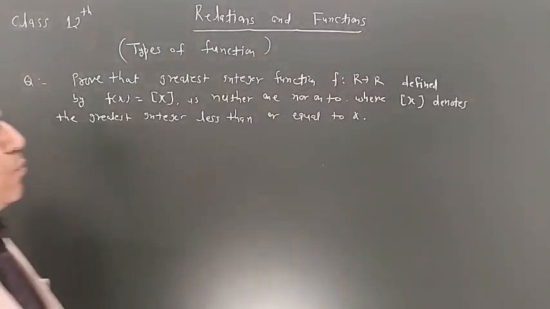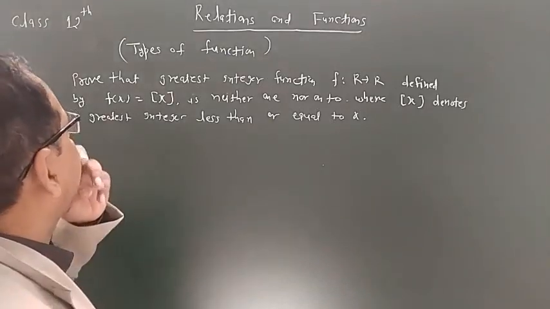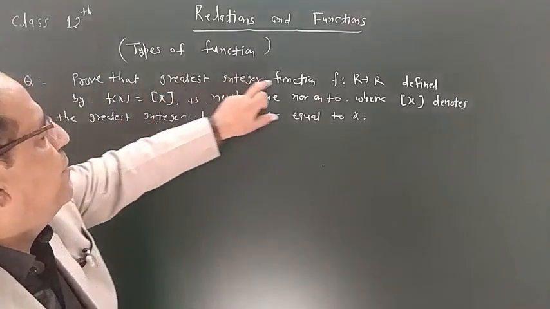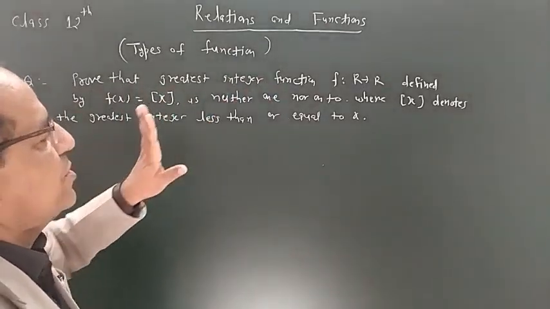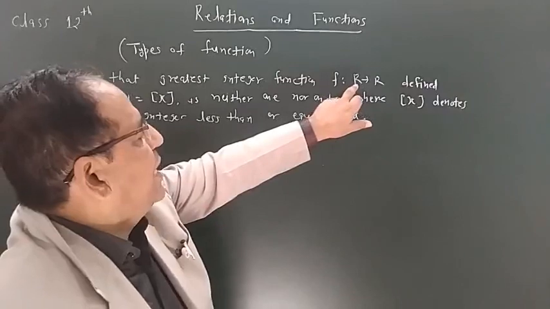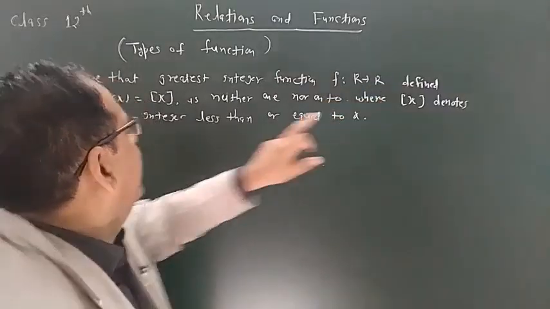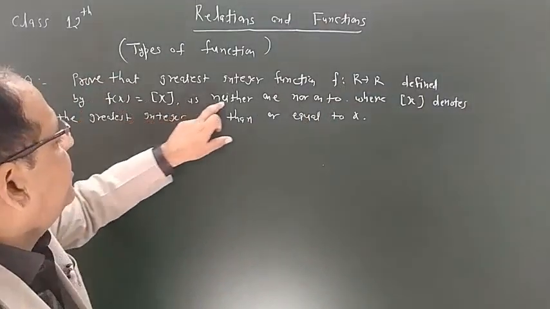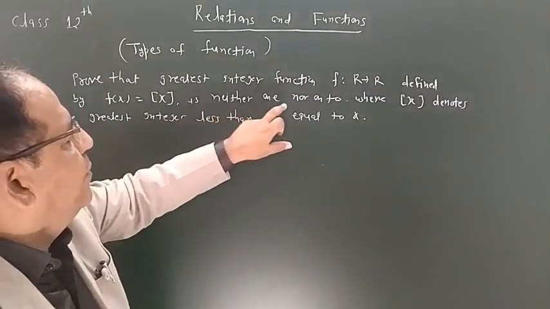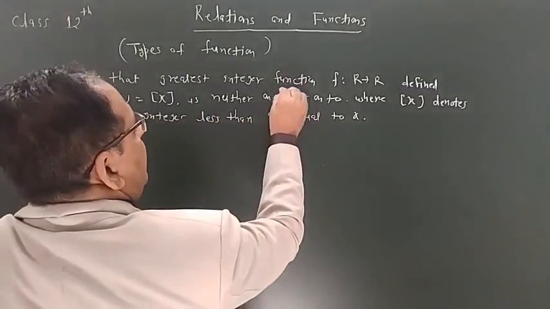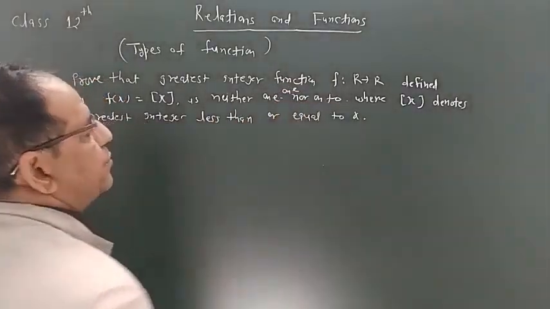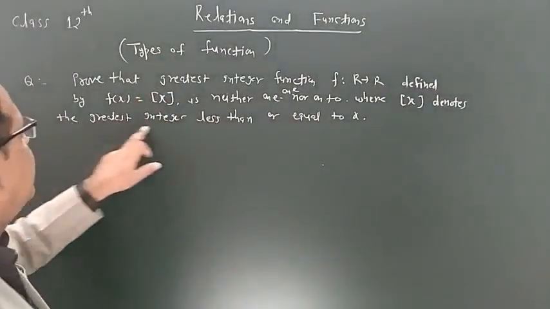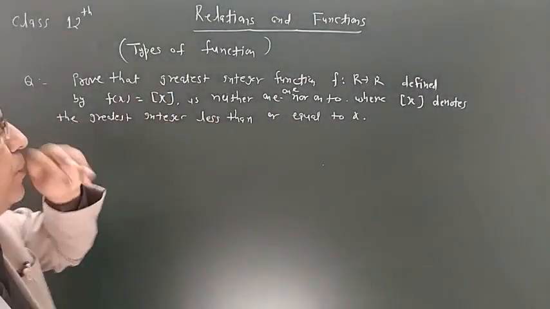Now I am taking one more problem based on types of function. The problem is: prove that the greatest integer function, which you are well aware of, f from the set of real numbers to the set of real numbers defined by f(x) equal to [x], is neither one-one nor onto, where [x] denotes the greatest integer less than or equal to x.